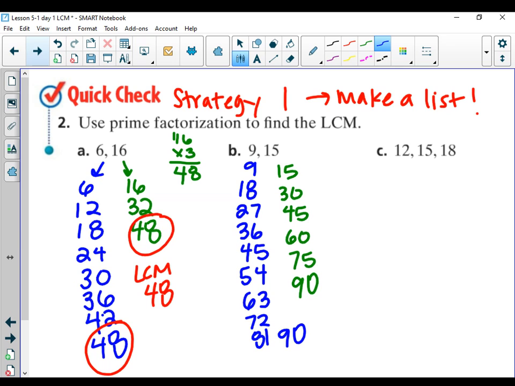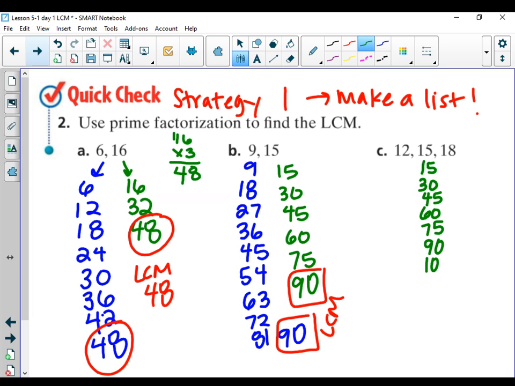Oh boy, that list got kind of long. I'm doing this one first because I already have the numbers from part B. Oh, these numbers are getting big.